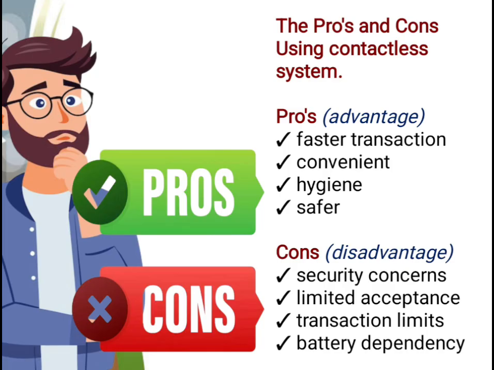So we have these pros and cons of using a contactless system. For the pros or advantages, it is a faster transaction, convenient, hygienic, and also safer. For the cons or disadvantages: security concerns, limited acceptance, transaction limits, and battery dependency.